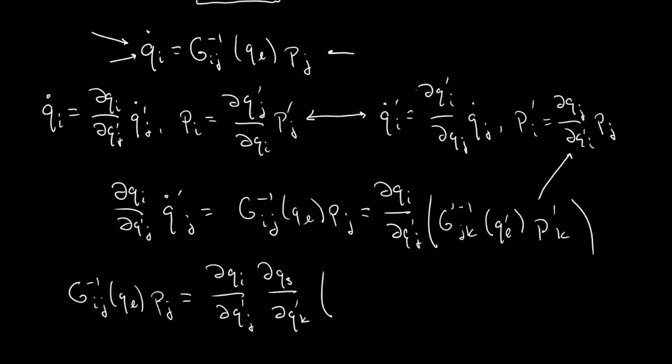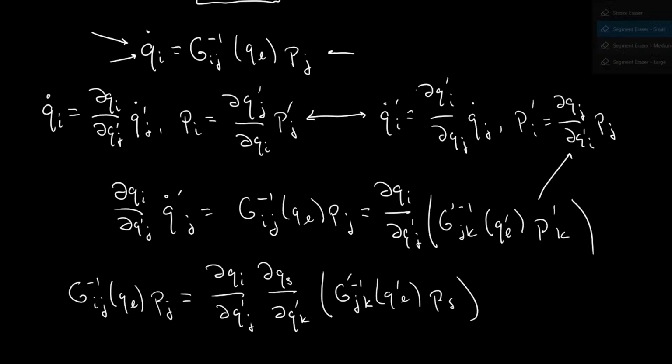I don't know what index I should use here, say s d q prime k, and this is times G prime inverse, I believe this is J K E prime L E sub S, if I did that correctly. Okay, and actually I'm going to get rid of these parentheses.